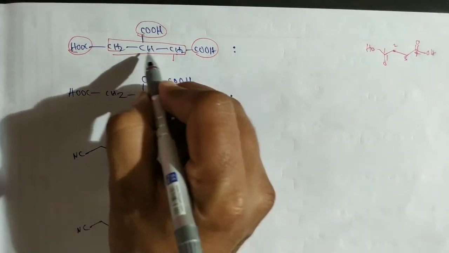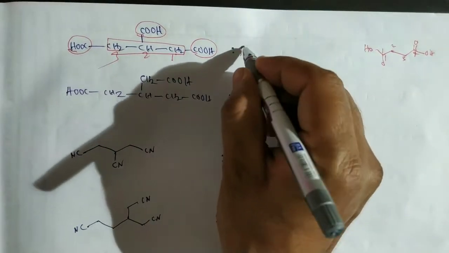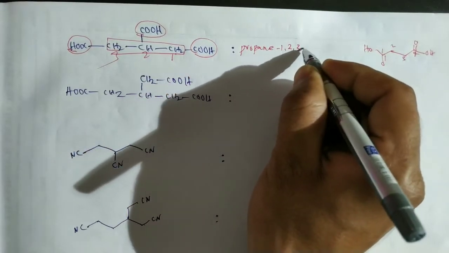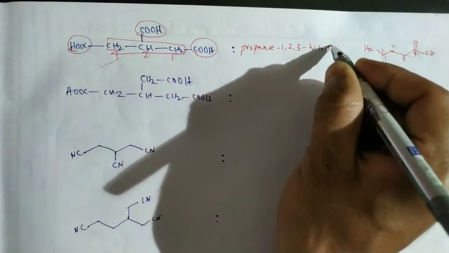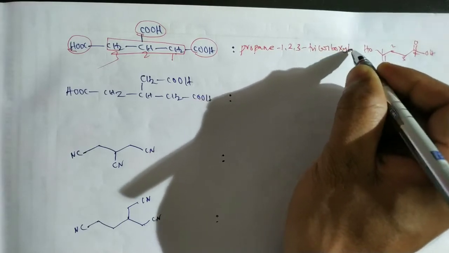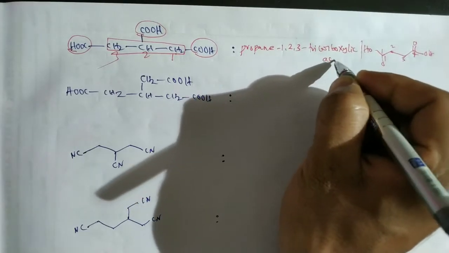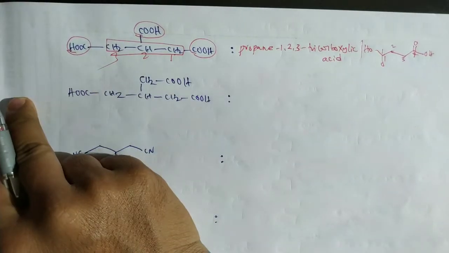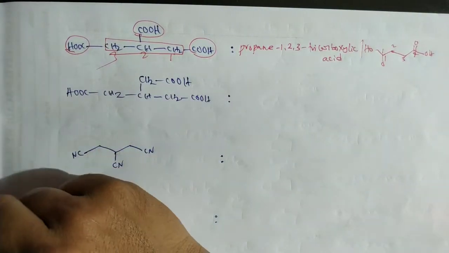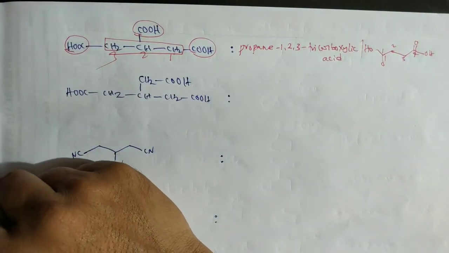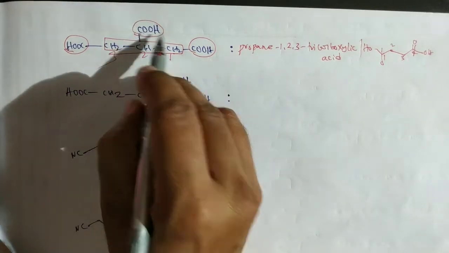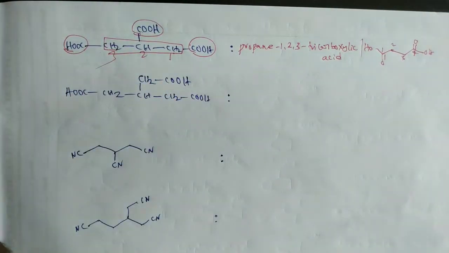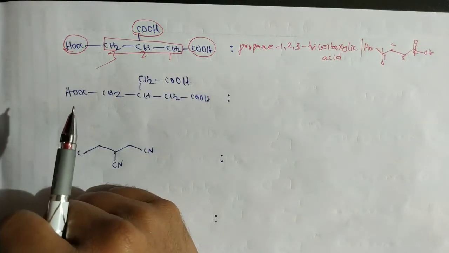Here 1, 2, 3, so it is propane, and we should use 1,2,3-tricarboxylic acid. Propane-1,2,3-tricarboxylic acid. Because when these are directly attached, all functional group carbons cannot be included in the parent chain, so a different suffix is used.